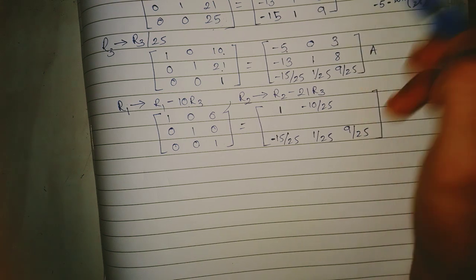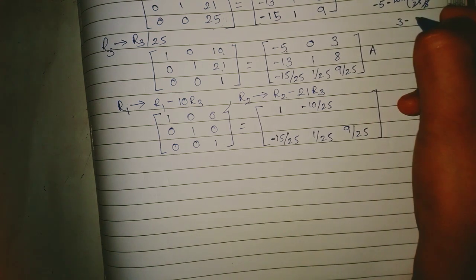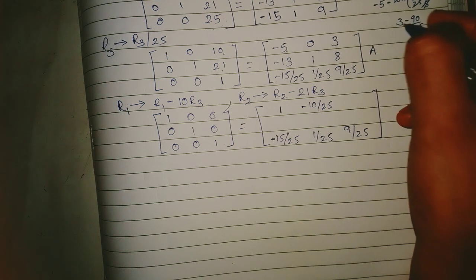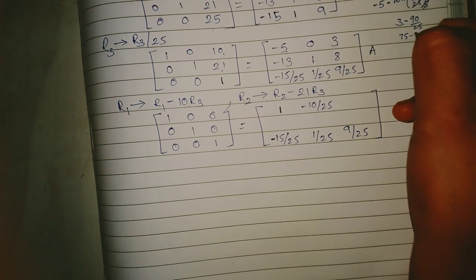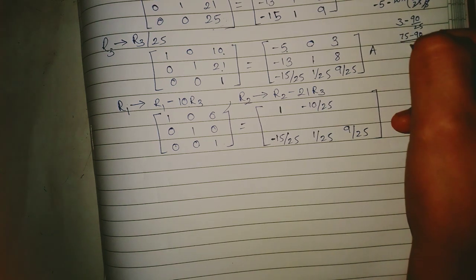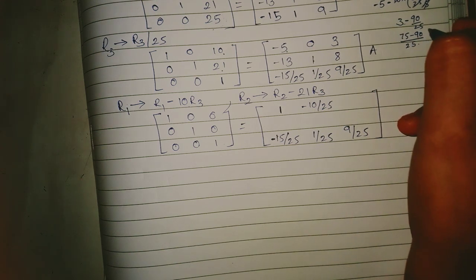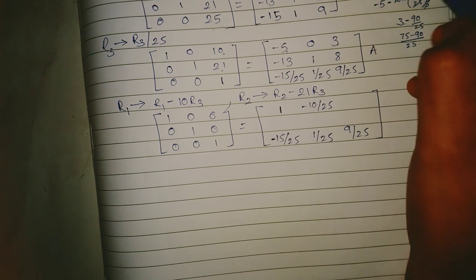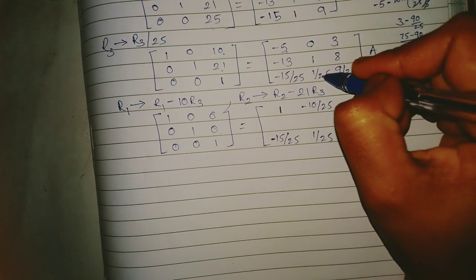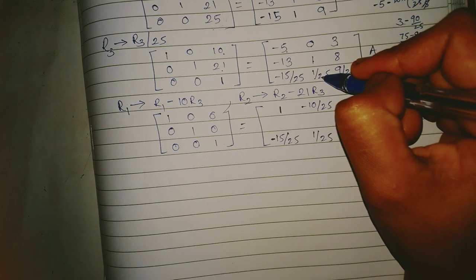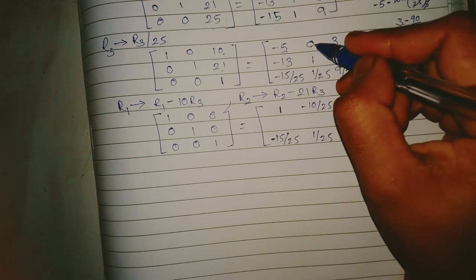Then 3 minus 10 into 9 by 25, so 90 by 25. So 75 minus 90 by 25, this is 1 by 25, so this is 0.